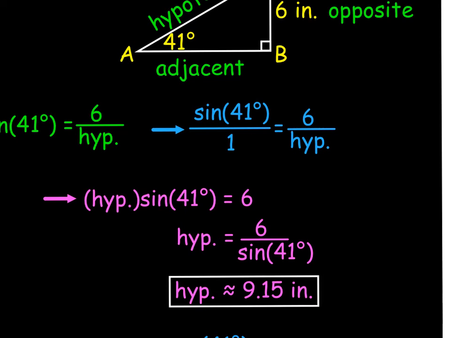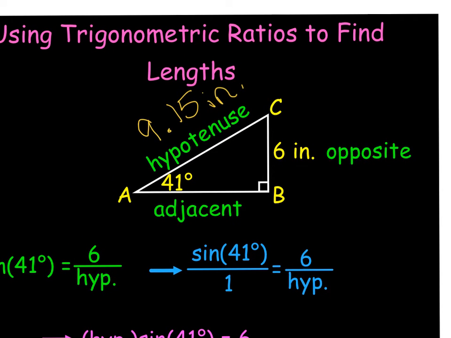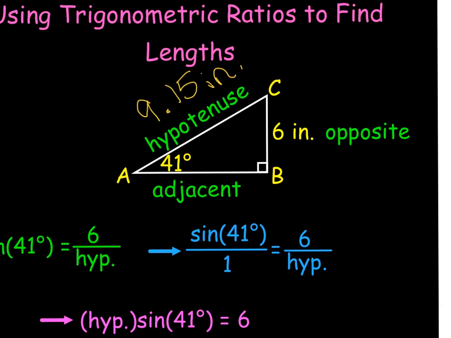We rounded to the nearest hundredth. So this is not an exact length right here, and we don't want to use a rounded number if we don't have to. We have the option to use our opposite side right here, so we're going to use that option so that we can have less round off error, because remember, the more precise we can be, the better our lives will be.